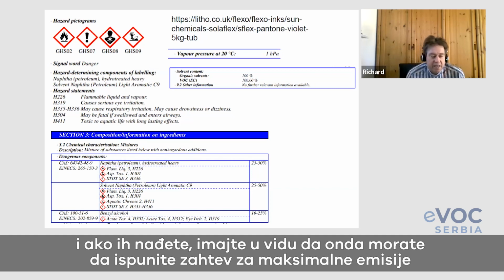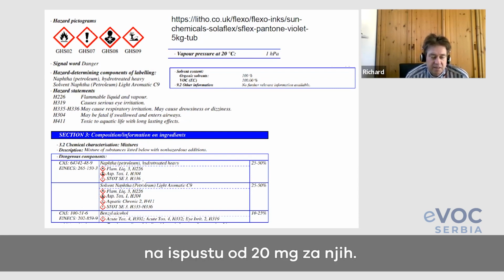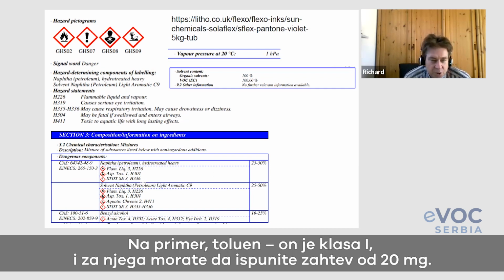And if you find a Serbian class 1 substance, please remember too that the emission limit value of 20 milligrams for the stack emissions you have to comply with for such materials. So for example, if you find toluene, you know it's Serbian class 1. So for that stuff, you need to comply with 20 milligrams.